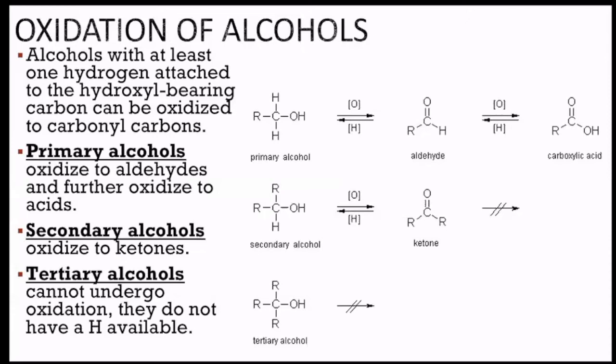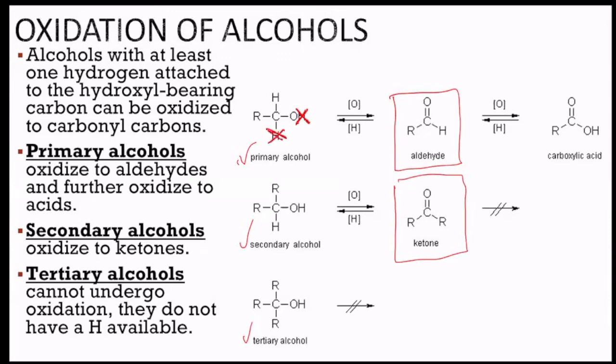Remember when I told you primary, secondary, and tertiary alcohols would be important? This is why. A primary alcohol oxidates to an aldehyde. A secondary alcohol oxidates to a ketone. And this is pretty easy. This is because you're losing this hydrogen, you're losing this hydrogen.